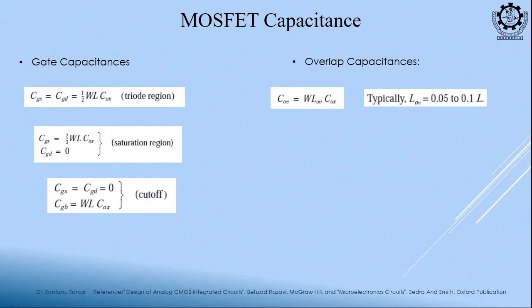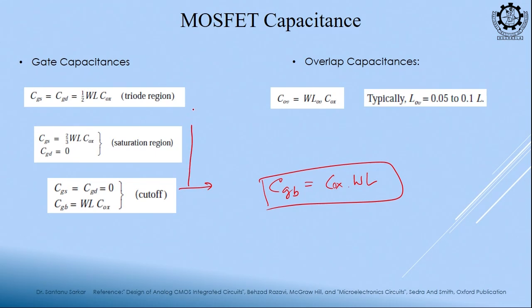So, if we roughly consider that, okay, my off capacitance during cutoff, you see between gate to body, what is my total capacitance? COX into the area W into L. So, this gate to channel, the gate to body is my COX WL.